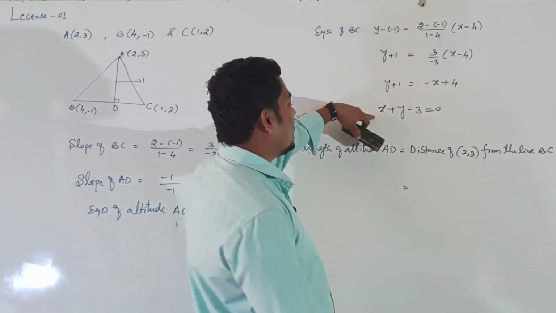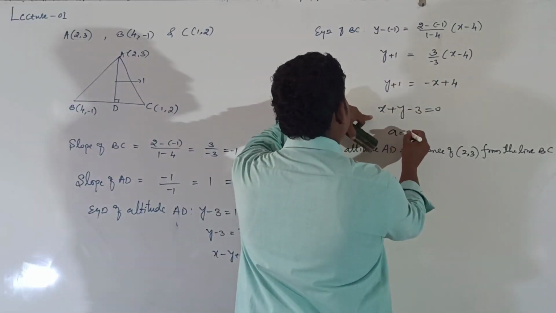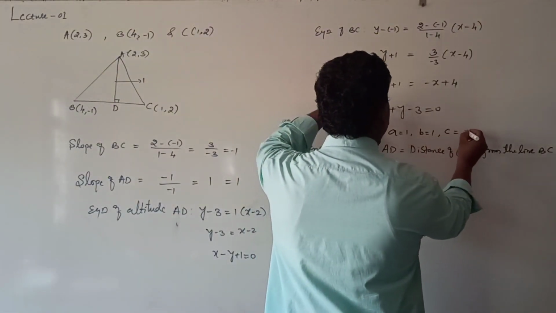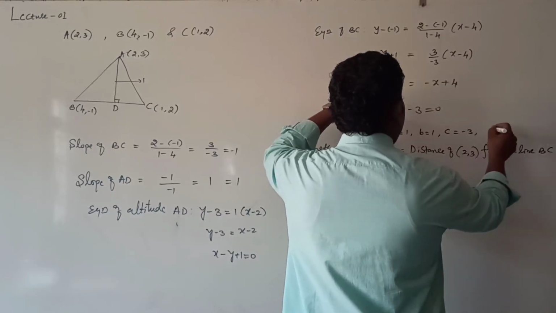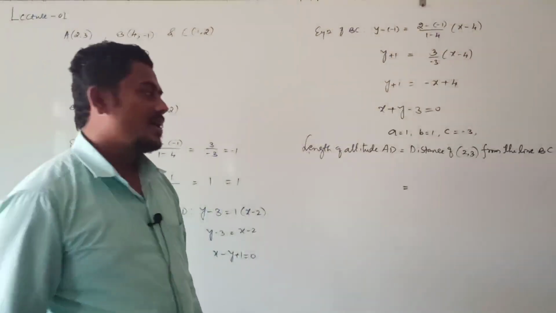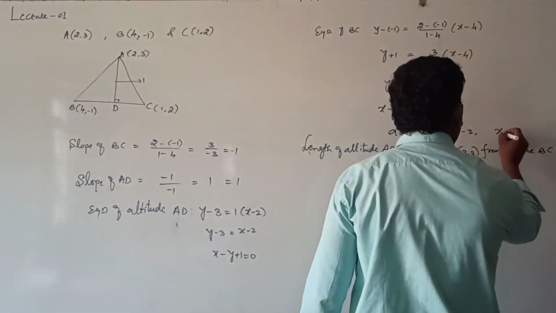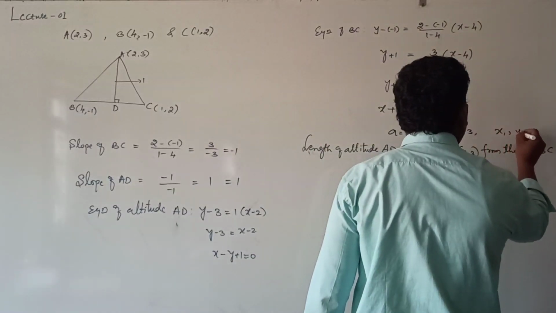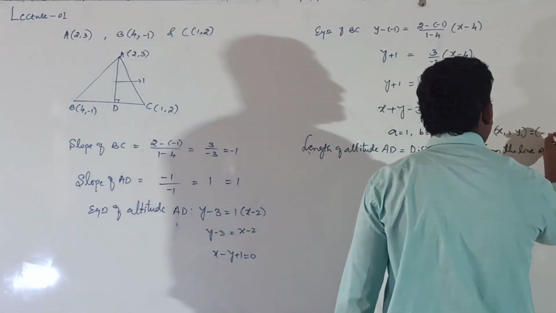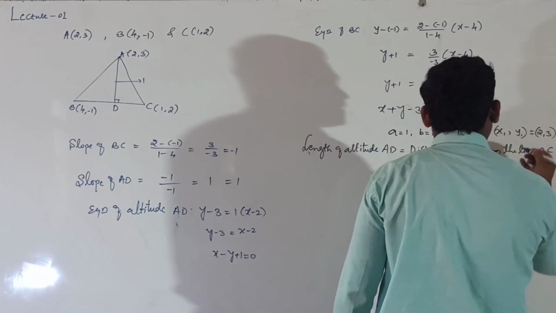In this case, tell me what is the A value here. Small a is equal to 1, small b is equal to 1 and small c equal to minus 3. And tell me what is x1 y1. Point A is x1 y1, that is 2 comma 3, right?